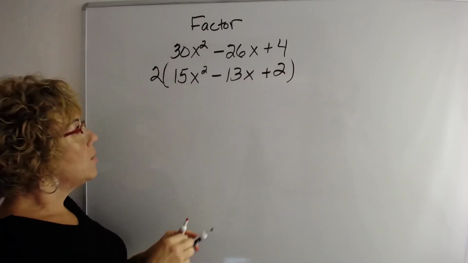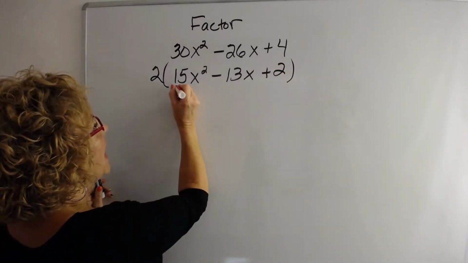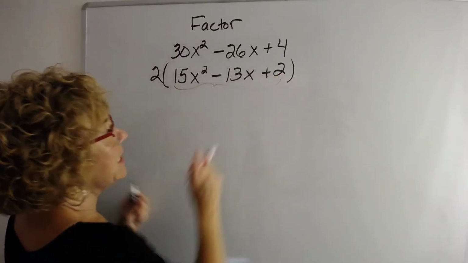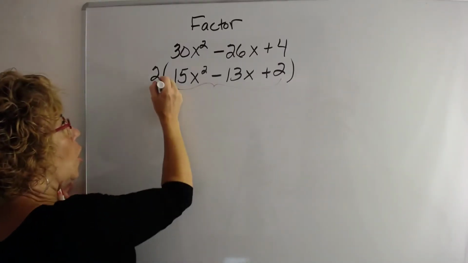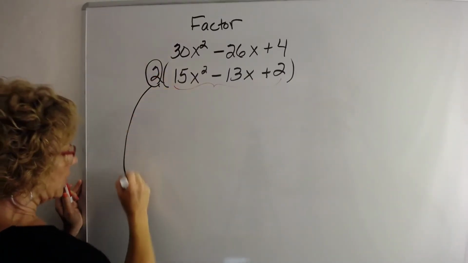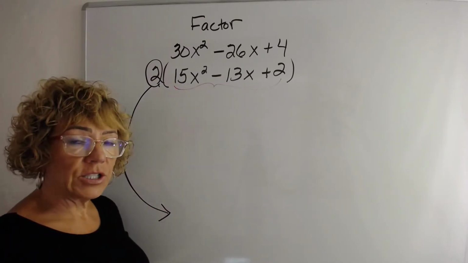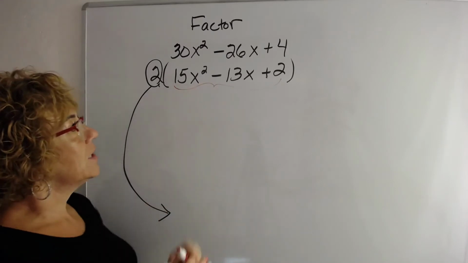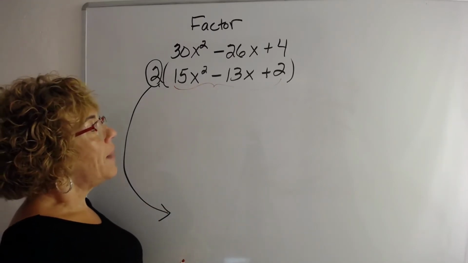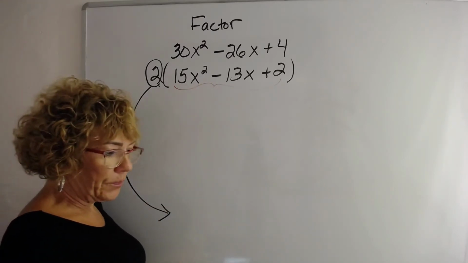Now we're going to focus on the 15x squared minus 13x plus 2, but don't forget about our greatest common factor, as we're going to need to have that in our final answer. But for now, let's look at 15x squared minus 13x plus 2.